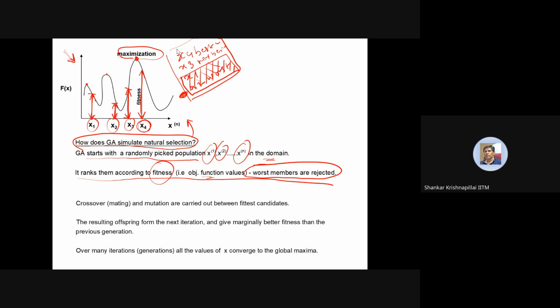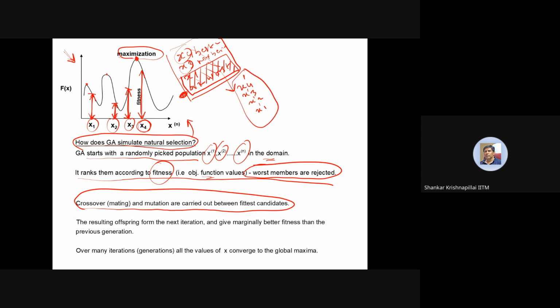Then crossover, mating and mutation are carried out between the fittest parents. So for x3 and x4, you can do crossover and mutation, and you can get four offspring for the next generation: x4', x3', x2', x1'.